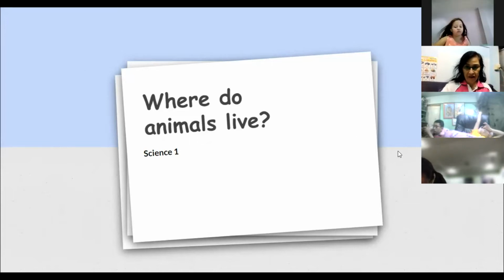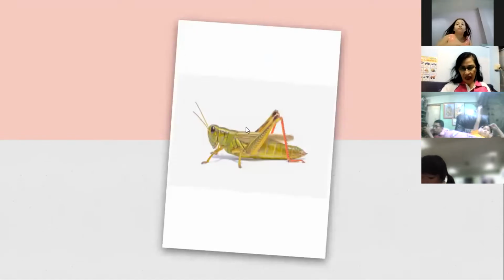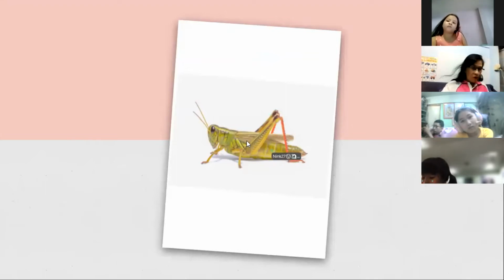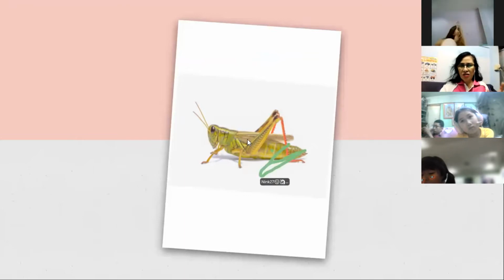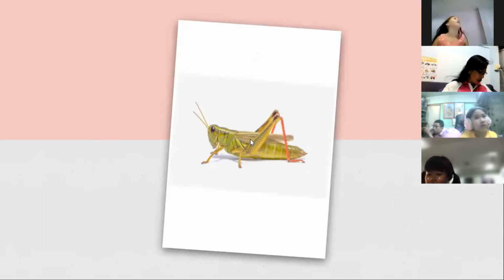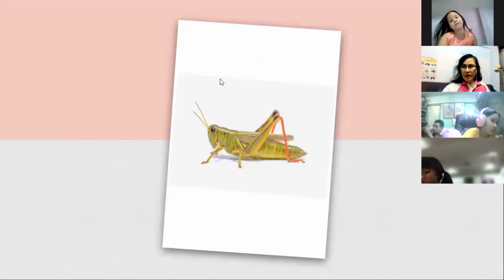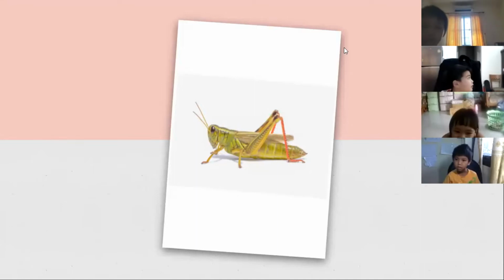Where do they live? Like this one, what is this? Grasshopper. Where does the grasshopper live?